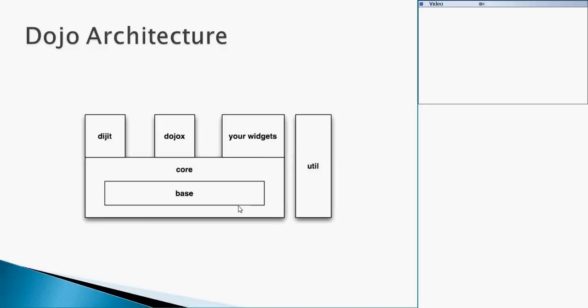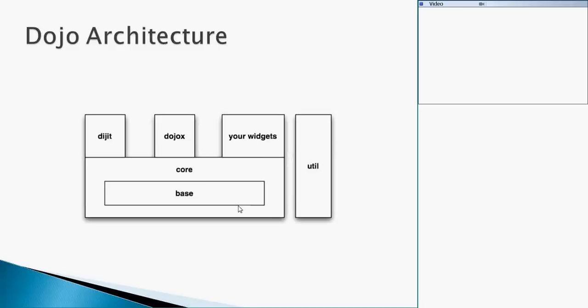On top of base, there is some extra functionality, which is defined inside the core part. We'll see what is in the core and what is in the base. These two, base and core, are more like libraries that provide you standard functions.